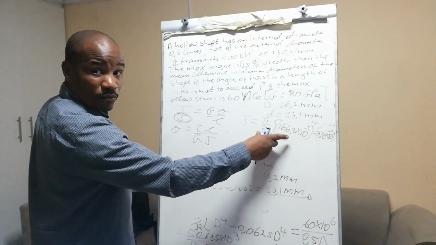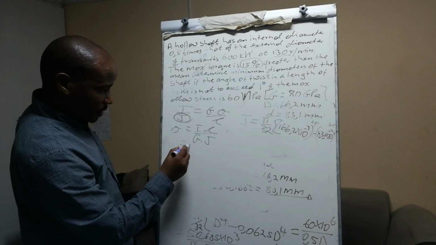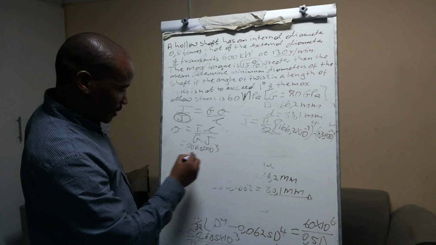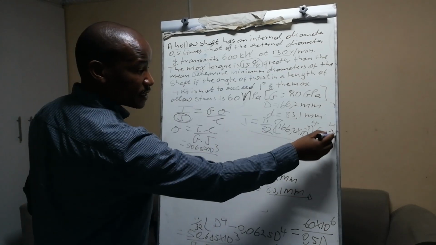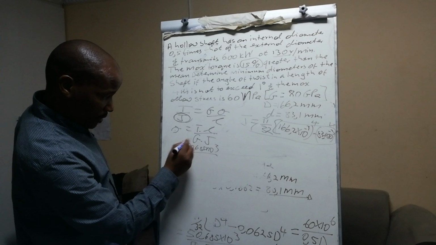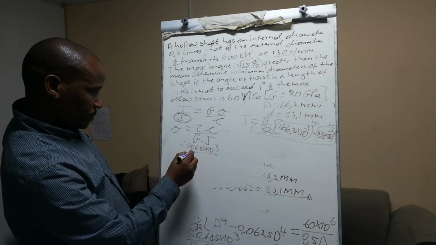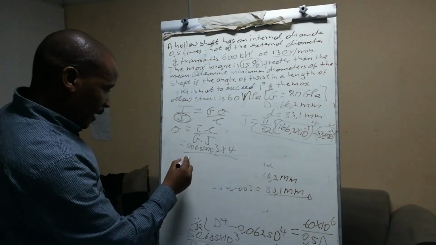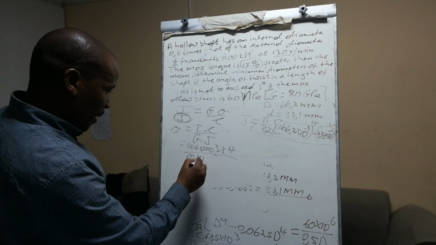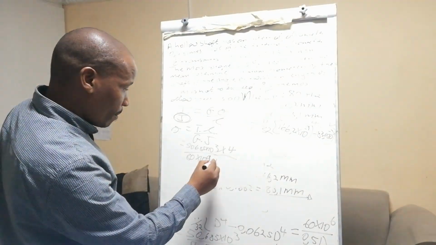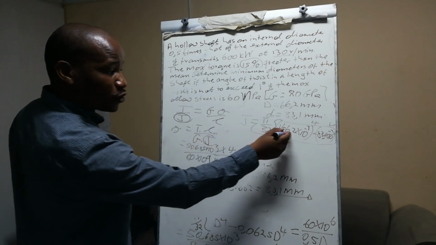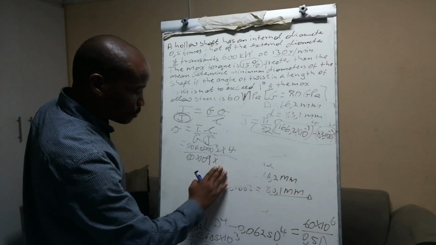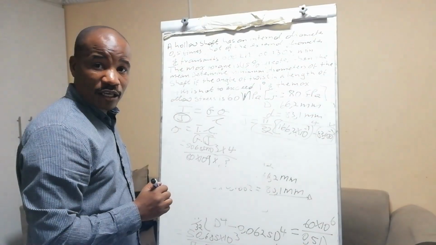With this polar second moment of area, you say 50.685 multiplied by 10 to the power 3 over, you put this that you calculated here, multiplied by 4 as given there, over G given as 80 multiplied by 10 to the power 9, multiplied by this calculated there, and I don't know what answer you will get. Let me just put a question mark, guys. Sorry, I just don't have time.